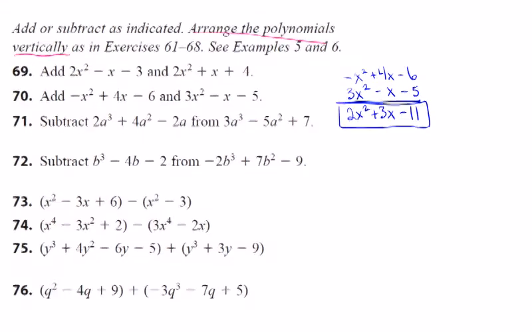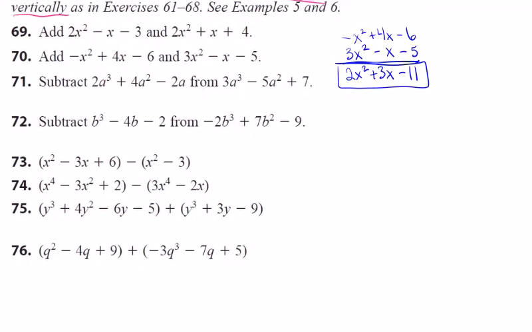All right, 72 we're subtracting, right? So it says subtract this from this. So that means we start with this one and we're subtracting this one from it, right? So we put the second one on top actually, so be careful with that. So negative 2b cubed plus 7b squared.